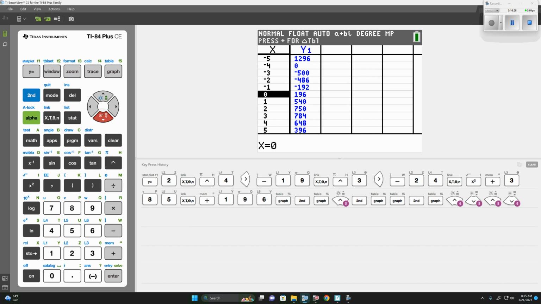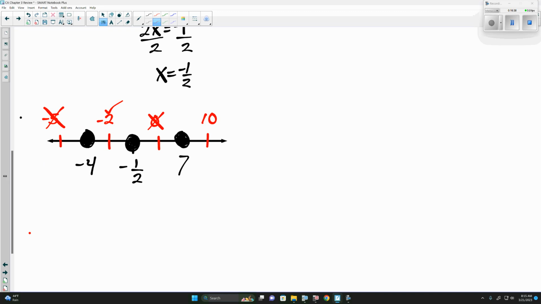And lastly, we can check 10. Is 10, 2,646, less than 0? No. So our solution set is all the points between -4 and -1/2, including -4 and -1/2, and 7.